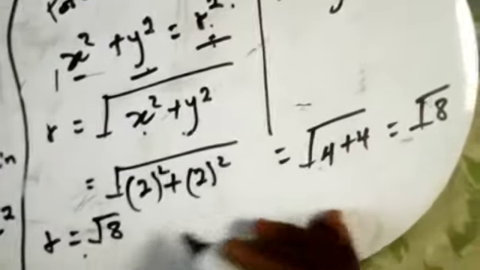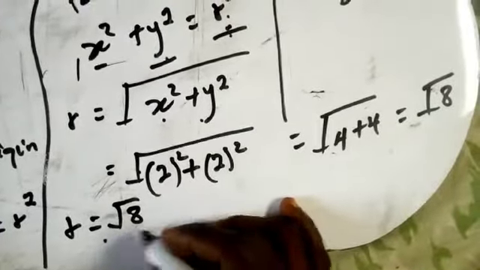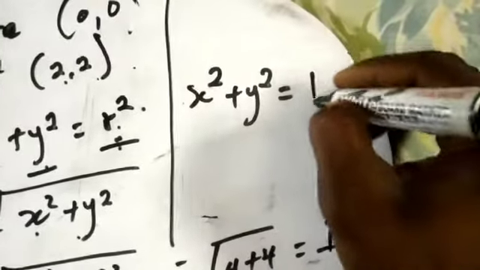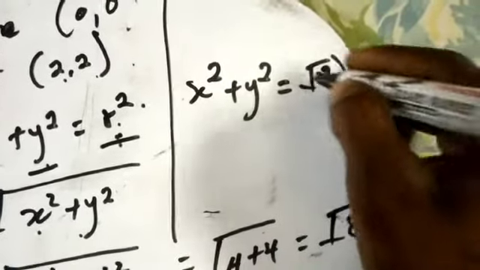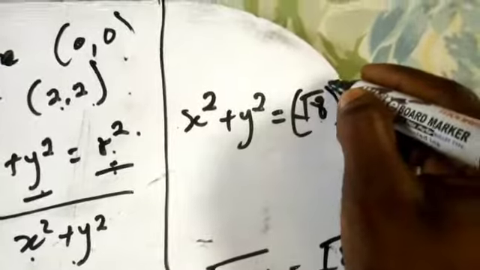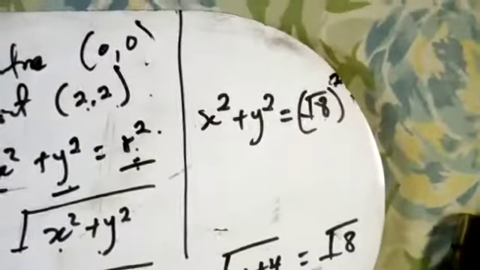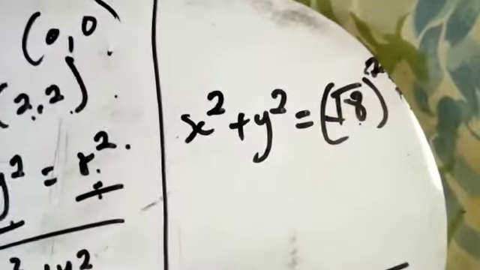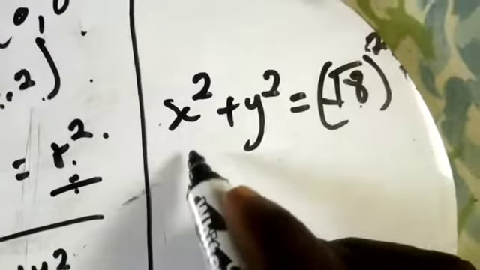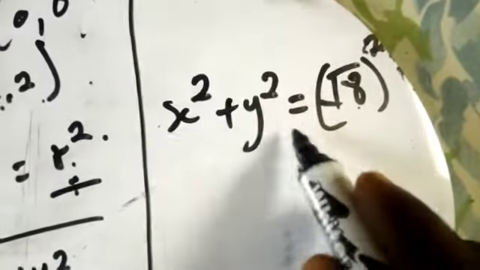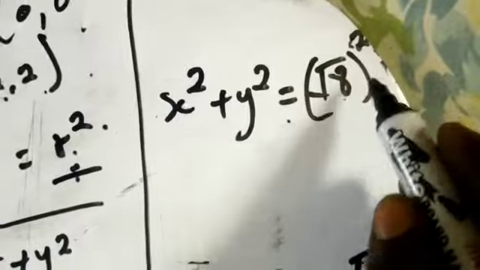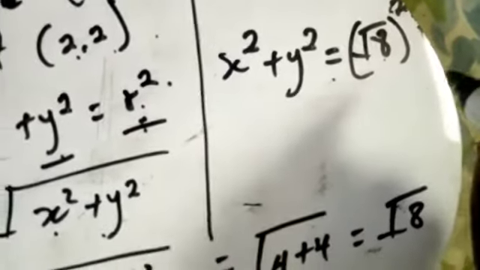You've already found the r to be root 8. What do you think will be the r squared? So maybe you can put everything here. So root 8 squared. This is the r squared, right? Can you see that? So the equation of the circle is x squared plus y squared is equal to root 8 squared. That is just the simple equation of the circle.